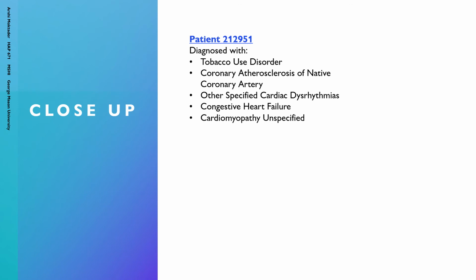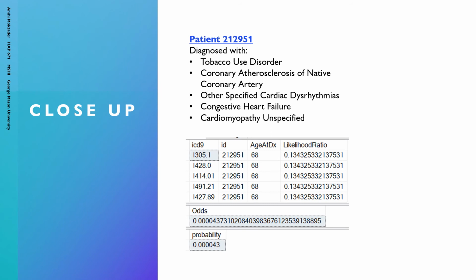For each of these diagnoses, I singled out their respective likelihood ratios to calculate the odds and probability of developing diabetes. We see here that the odds and probability are quite low, meaning this patient will have a low chance of developing diabetes.